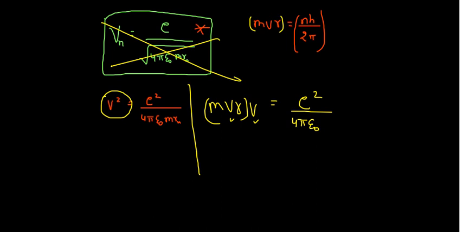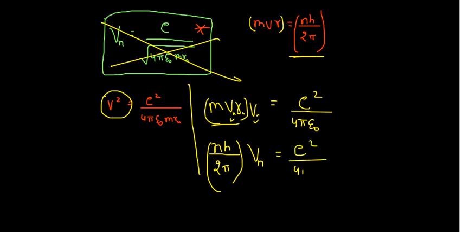So now in this place we can have nh by 2 pi. As you can see, we can write like this, okay? Multiply V n, you can write n everywhere, even if I miss it. e square divided by 4 pi epsilon naught.